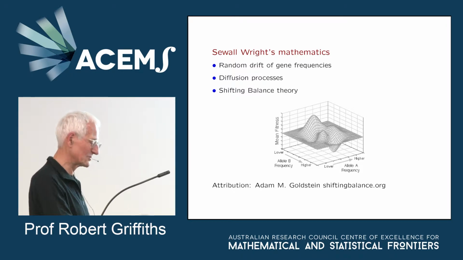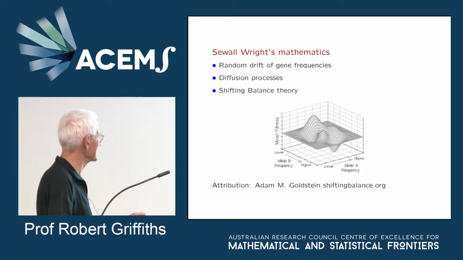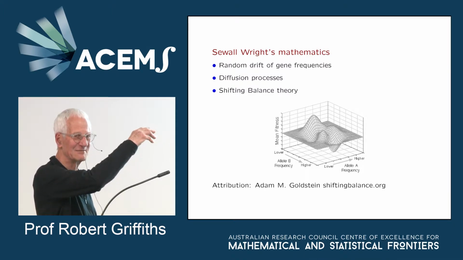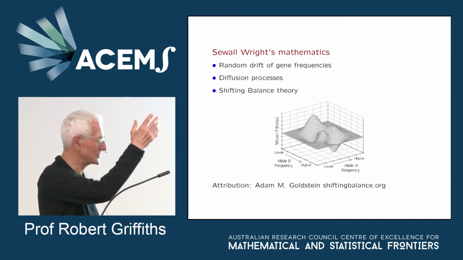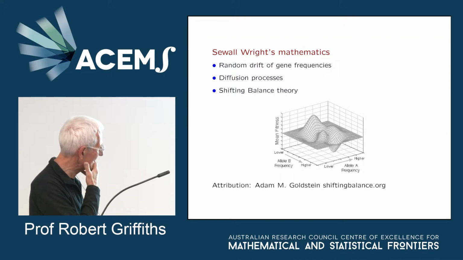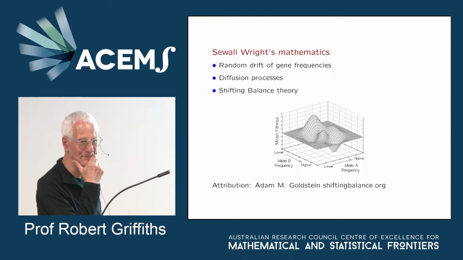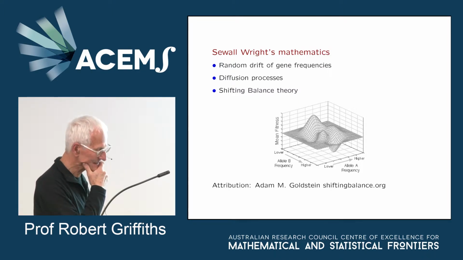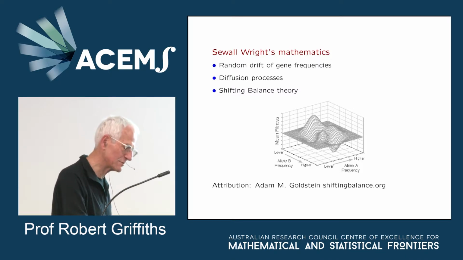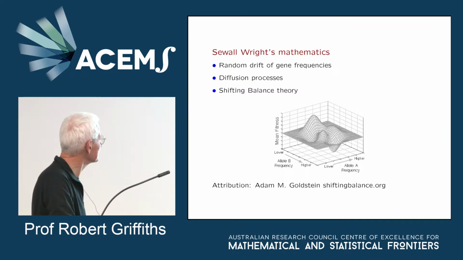And if you looked over this fitness landscape, you'd see peaks in the fitness landscape where you had very fit individuals who occupied these peaks. And he was a bit concerned about how you got from one peak to another peak. So that's, again, a selectionist view, really. I'm not sure whether it's really a view that's held today, but it was what he thought at that time.